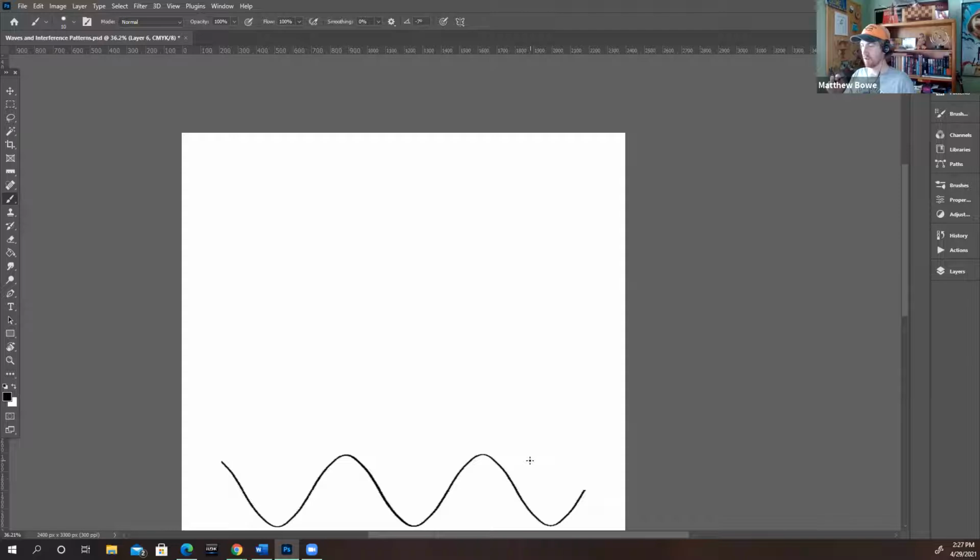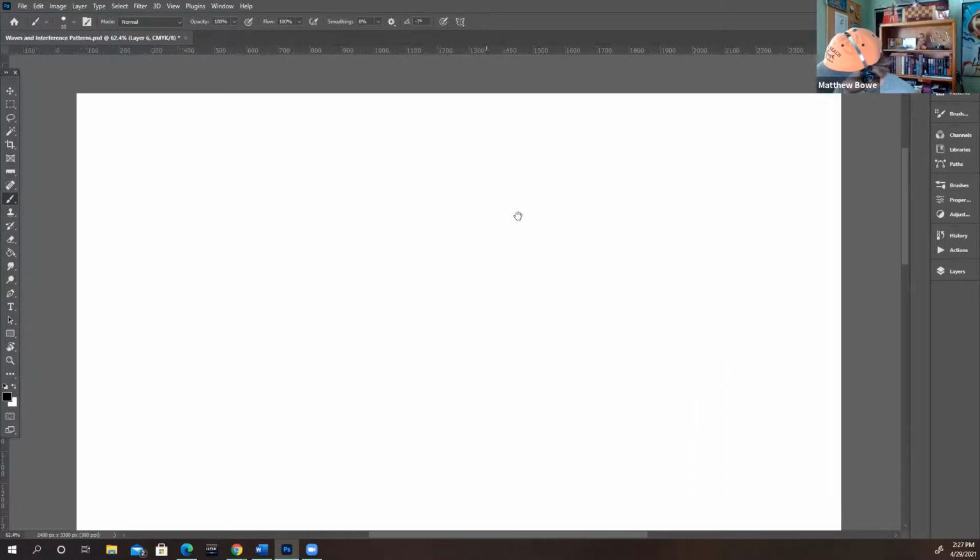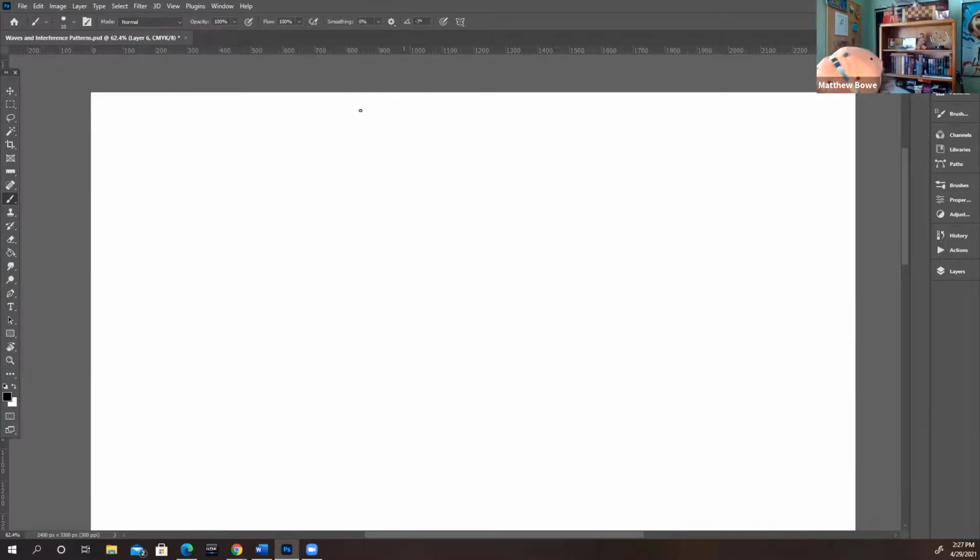I think I'm not going to draw that many diagrams for the wave interference. I feel the simulations will do a lot cleaner. I don't want to draw a lot of squiggly lines to make you guys probably more confused if you are confused already. So let's look at waves and interference patterns.